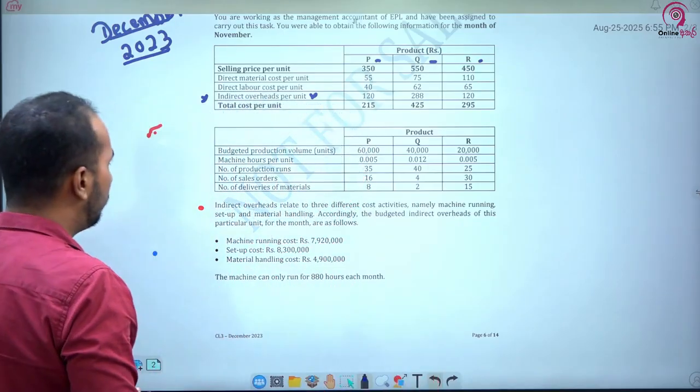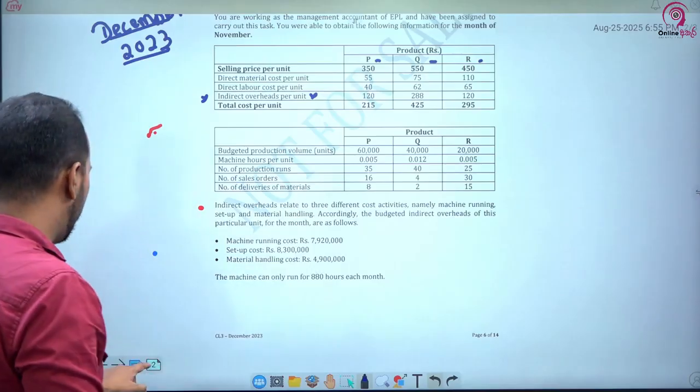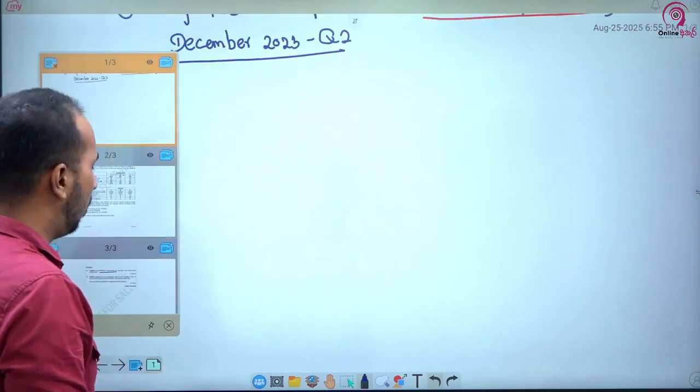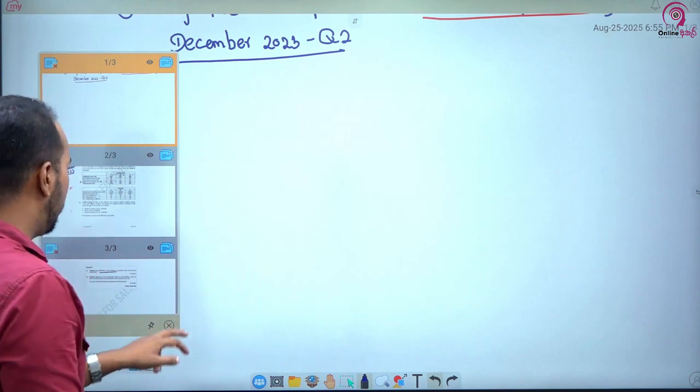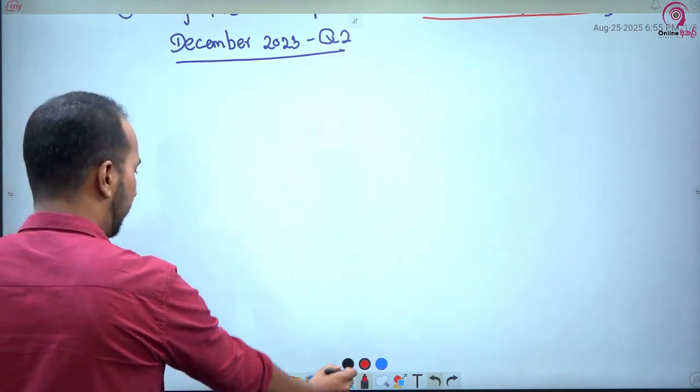So let's try to work this out. You have to follow a proper approach. So I will take this way.